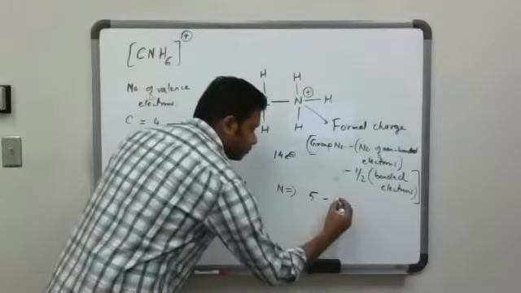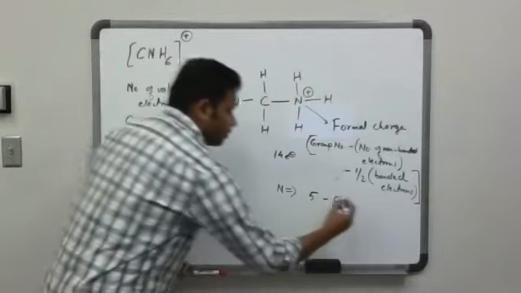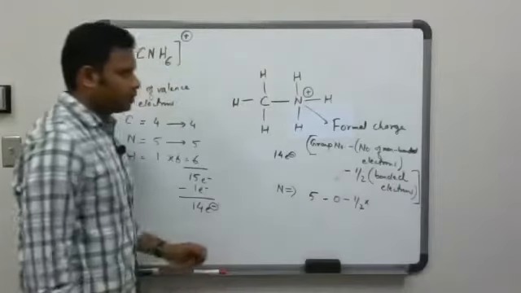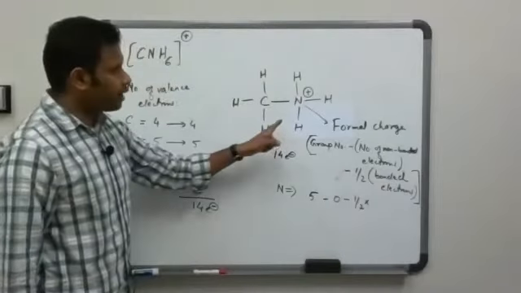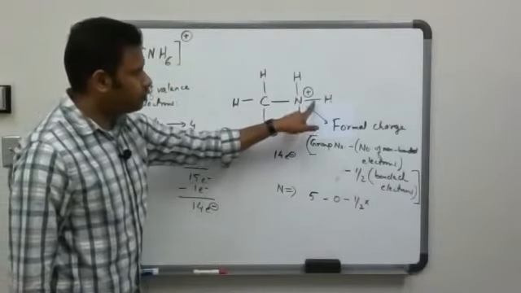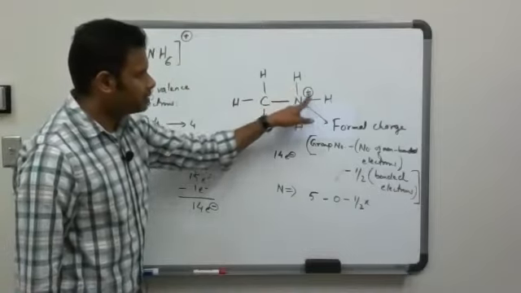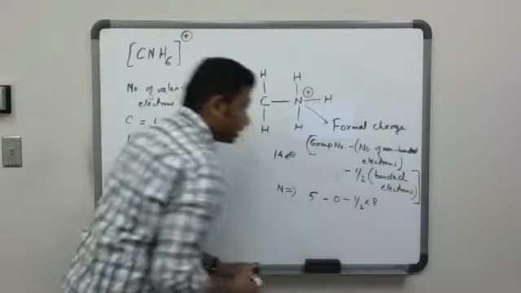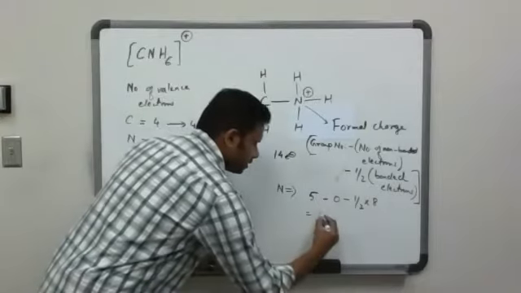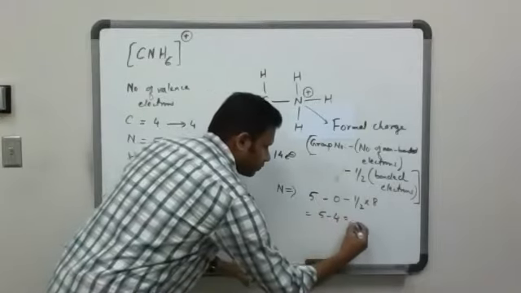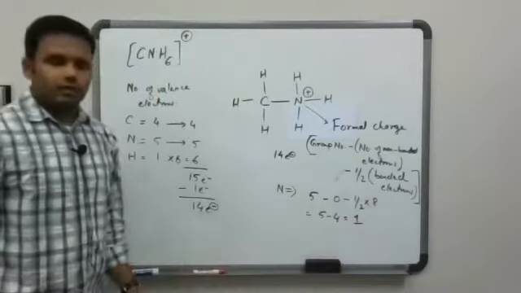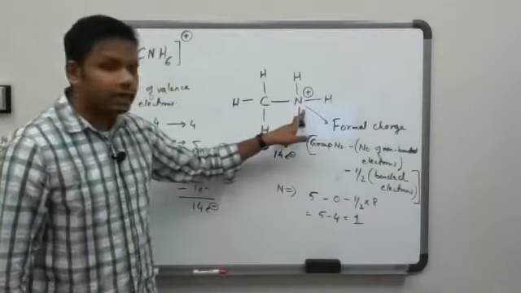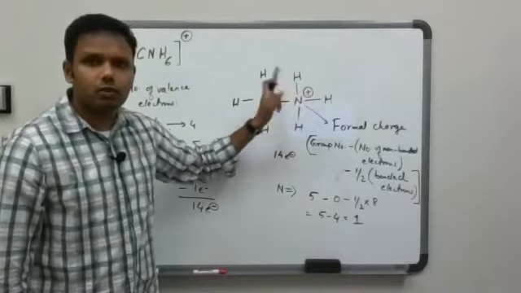So 5 minus 0 minus half of the number of bonded electrons. How many bonded electrons do we have? We have 2, 4, 6, and 8 bonded electrons around that nitrogen atom. So that's half times 8, which is basically 5 minus 4 equals 1. So we get a formal charge of 1 for that nitrogen atom. So that's why it's a plus 1.